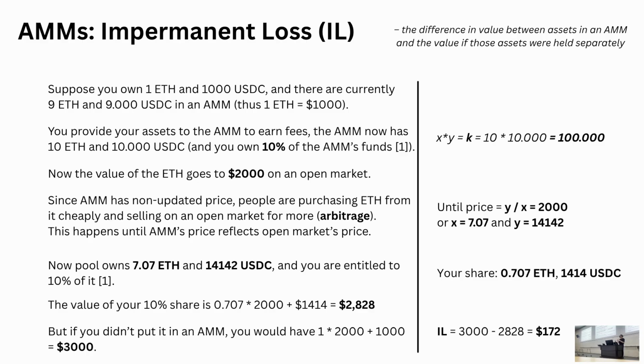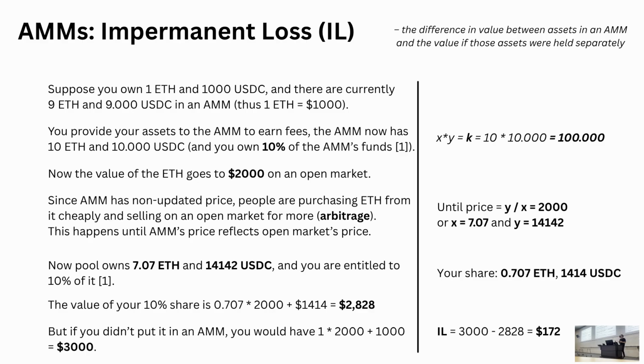Essentially, the impermanent loss is the difference between your gains and what you would have had if you just held the capital rather than supplying it to an AMM. It's hard to understand on a high level, which is why we're going to cover an example.